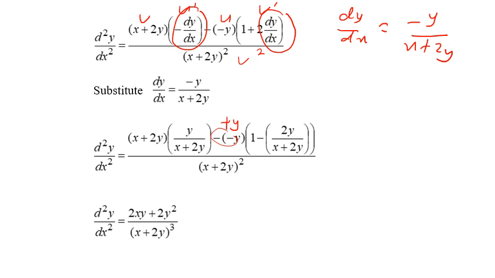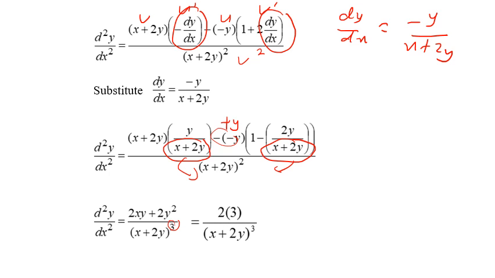After we simplify and cancel out the similar terms, don't forget both terms have x over x plus 2y as a common term, so we can bring it down. That's why below here it will be to the power of 3. Remember, for differentiation, it's not only about applying the formulas and rules, but for the final answer you also have to simplify and give your answer in simplest form.